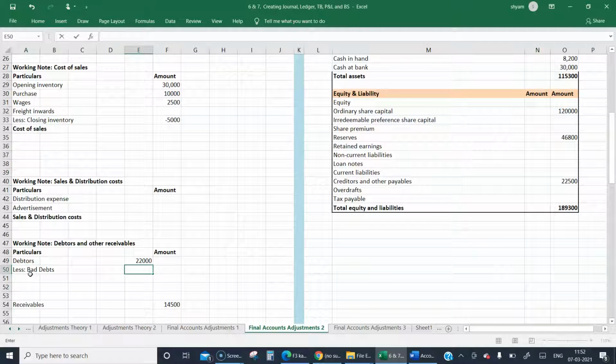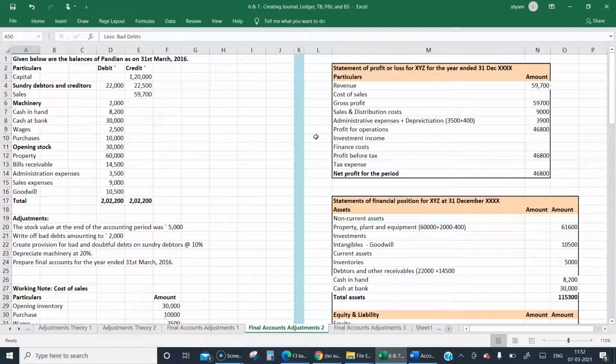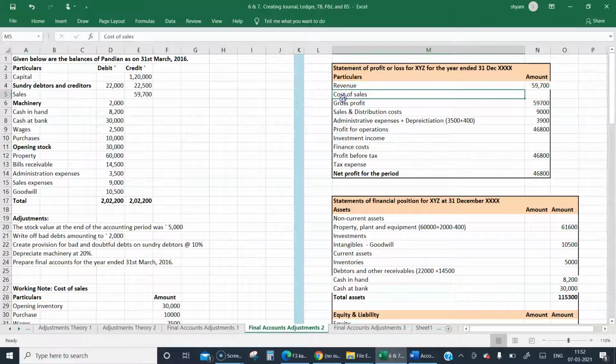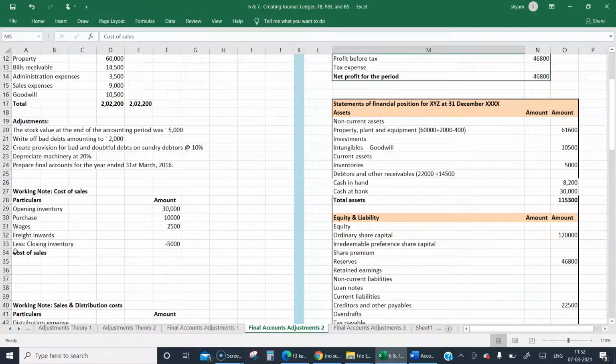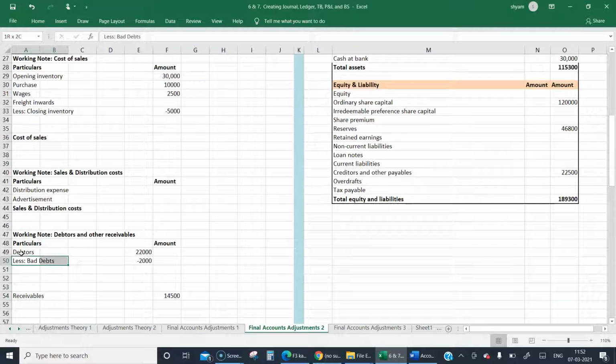So 2,000 we will deduct. Okay, so we have to show this in another expense. So we'll show it in cost of sales expense. So we had a bad debt here.